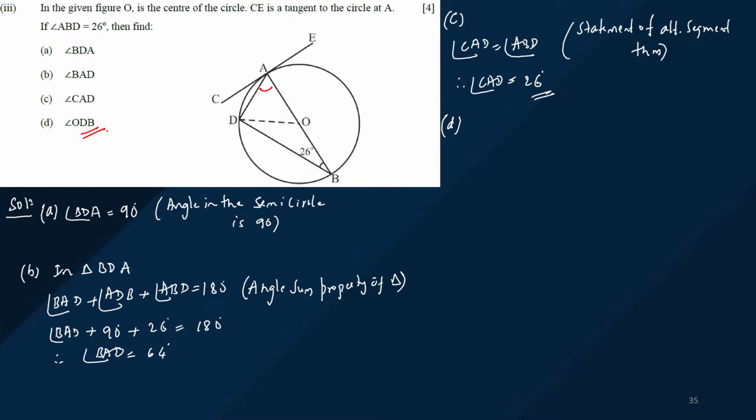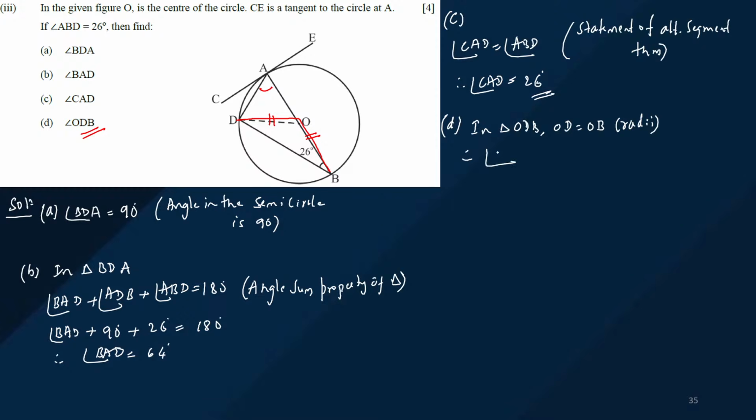How can I get to know the answer of ODB? If you take this triangle, it is an isosceles triangle because this side is equal to this side. In triangle ODB, OD is equal to OB. Why? Because they both are radii.